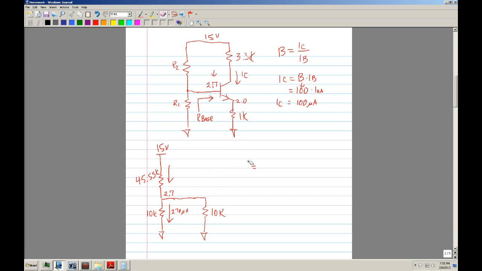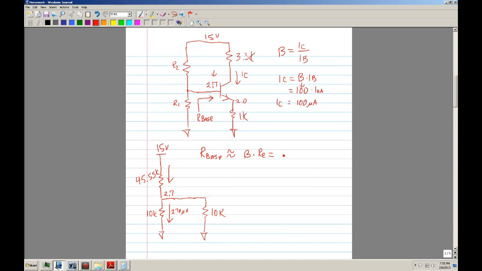But what's nice about beta, the next formula that you have to remember, R base is about beta times RE. So it's 100 times the emitter resistance. So what would it be?